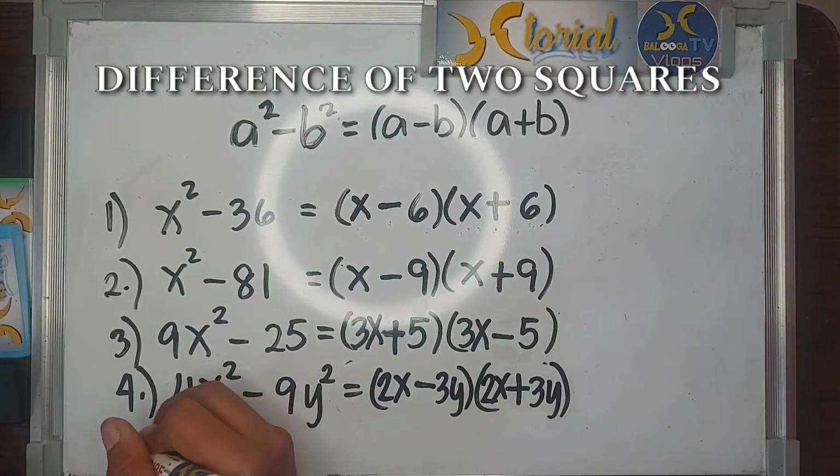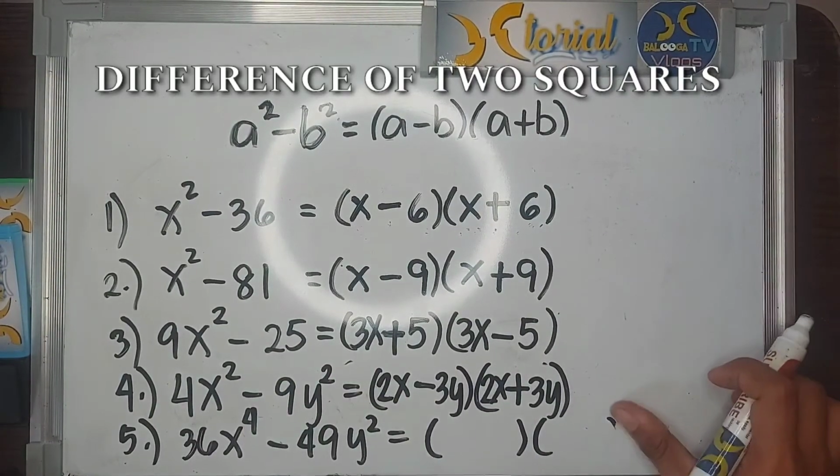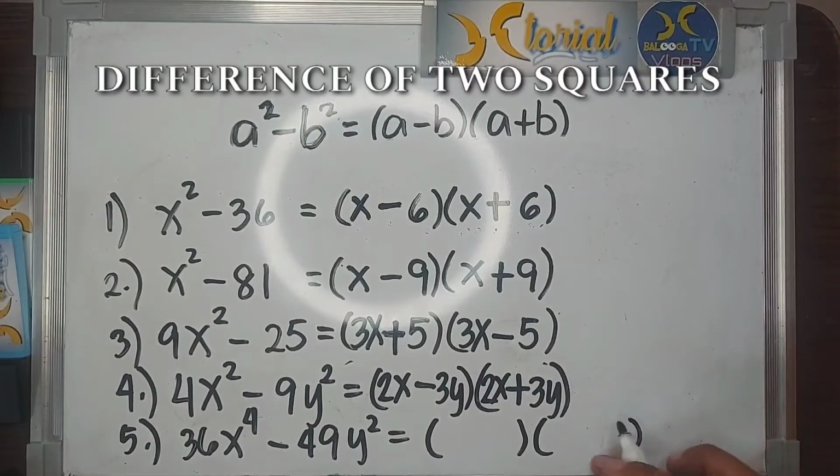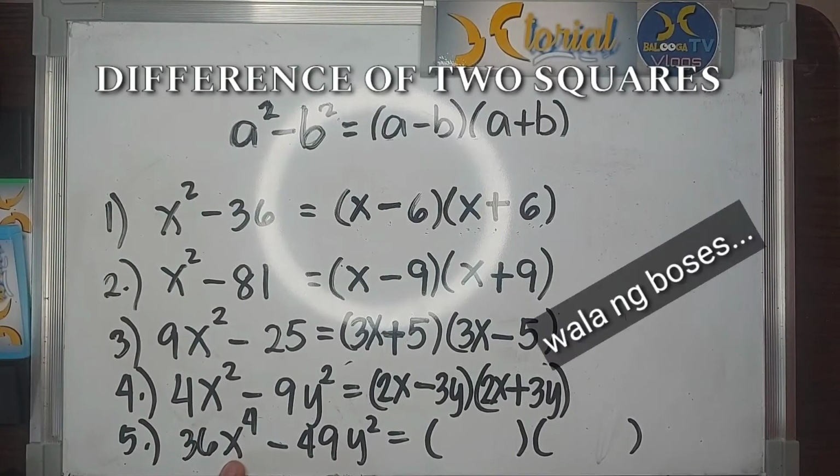Okay po? Last example, we have, so paano pag ganito? Okay, 36x raised to the fourth power minus 49y squared. So perfect square number yung 36, perfect square number yung 49. How about x raised to the fourth power?